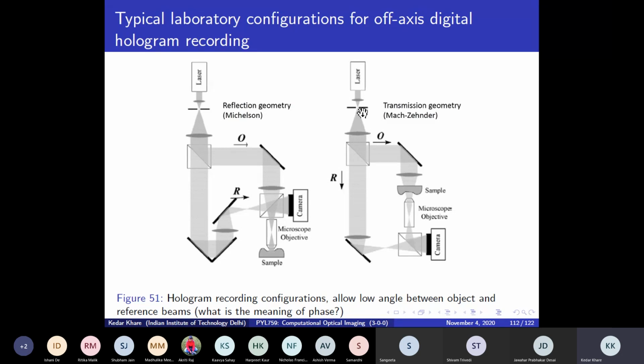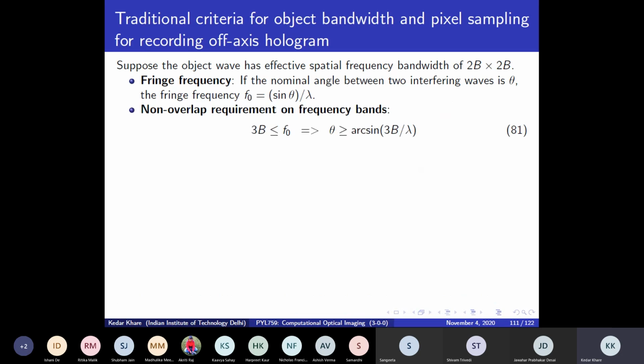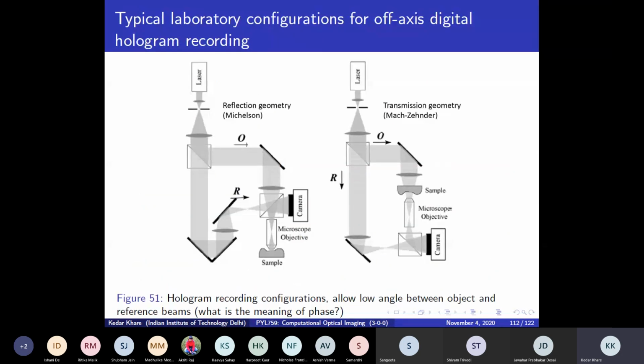But as soon as I add this reference beam, so instead of having a usual microscope, I make it a holographic or interferometric microscope, then in one shot I suddenly have to lose 1/4 of the resolution because I don't want these bands to overlap. Okay, so this is a little bit sad: this method is amenable to single shot recording, but the resolution is not as much as my hardware can allow me.